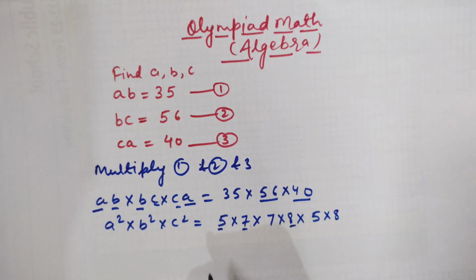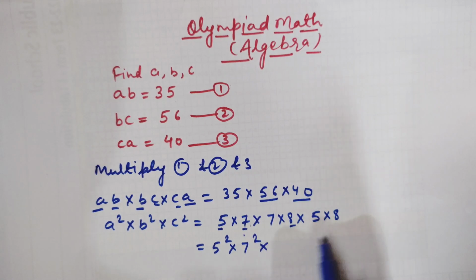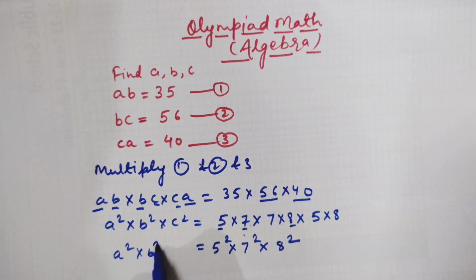Okay, the left hand side is in square form, so you can create the right hand side also in the form of squares. So 5 into 5 is 5 square, 7 into 7 is 7 square, and 8 into 8 is 8 square. And on the left hand side A square, B square and C square.